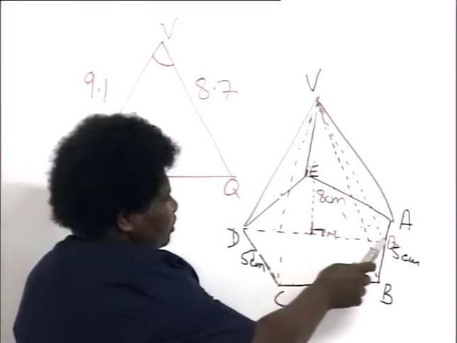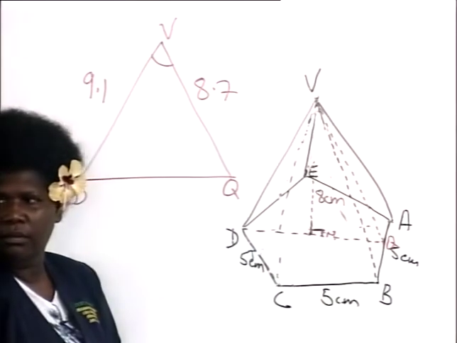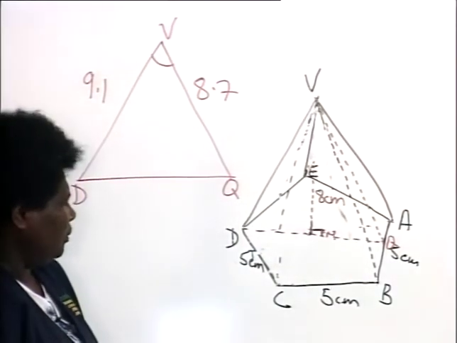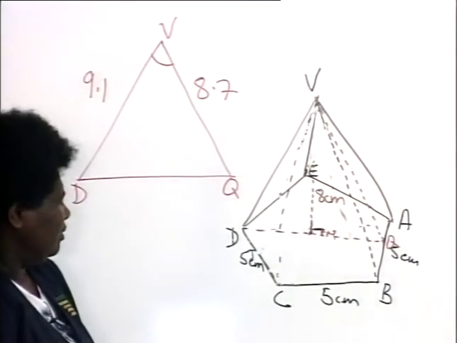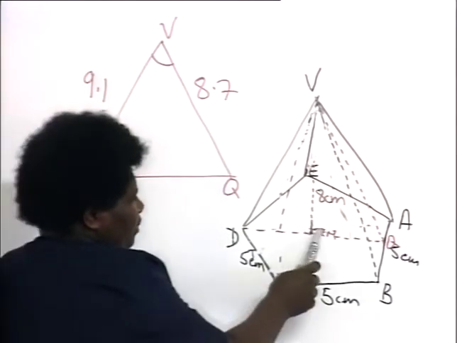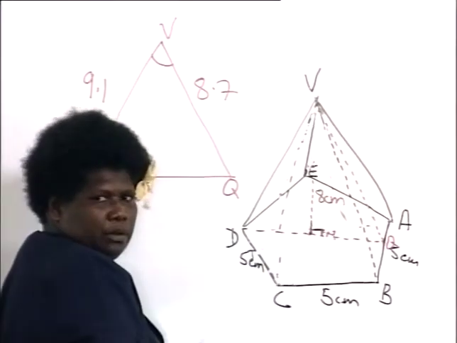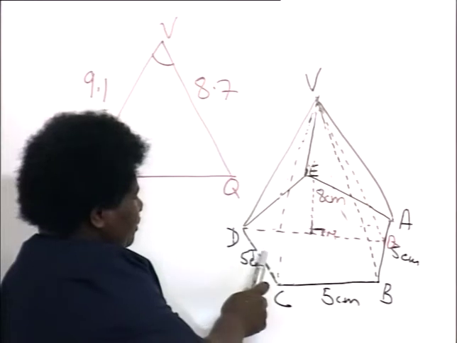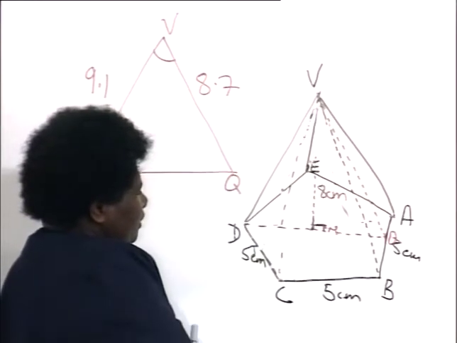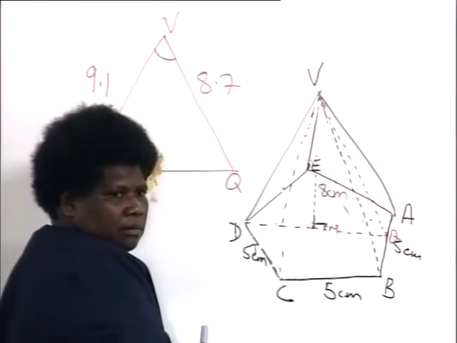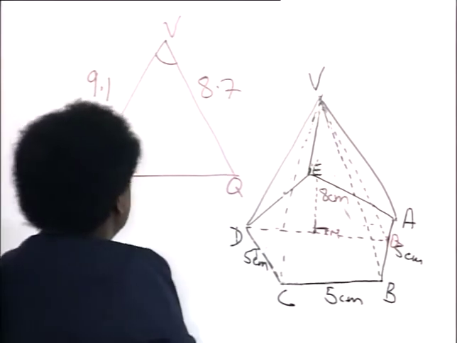Can we actually draw a line from D through the middle to Q? Can we? From M to Q, it's 3.4. That's the same one we found from T to M. And from here to here, 4.3.